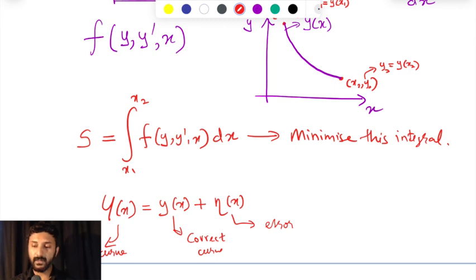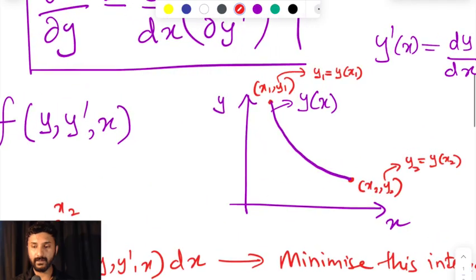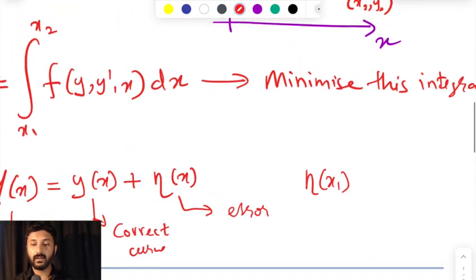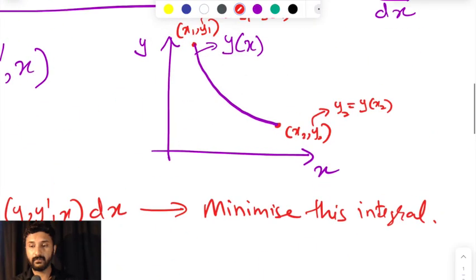So one of the requirements for this is that eta of x1, at that upper point when x is x1, should vanish, right? There should be no error at the endpoints. You could have the wrong curve connecting, for example, the same 2 points. It could be different from y of x.